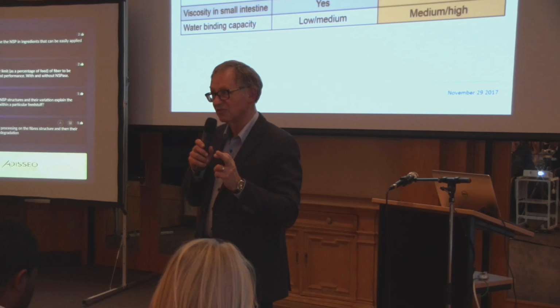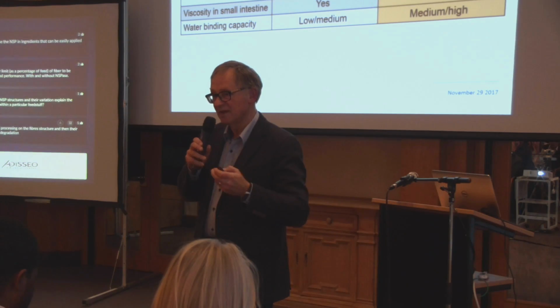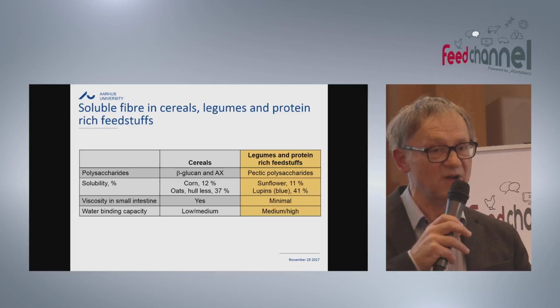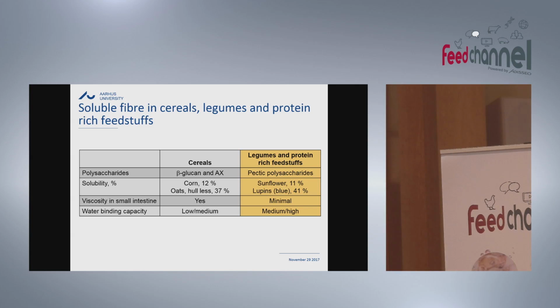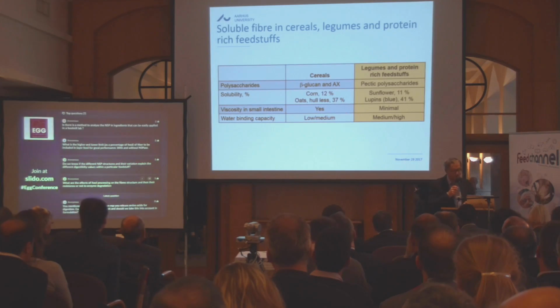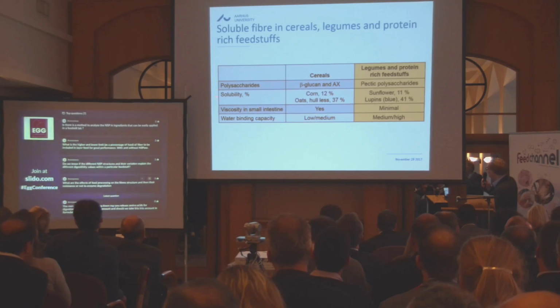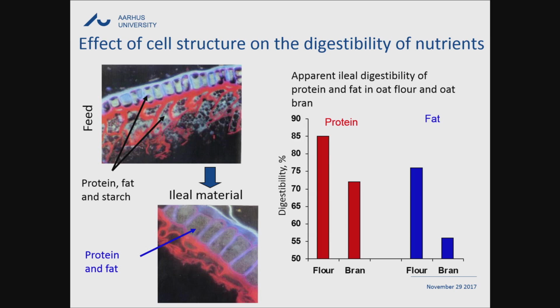Under those conditions, it will give a swelling and a higher water binding capacity, but it will actually not influence the viscosity to any larger extent, in contrast to the solubility of beta-glucans and arabinoxylans, which will have a major impact on viscosity in the small intestine.